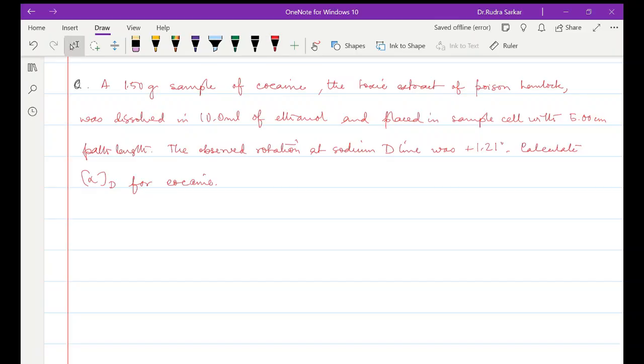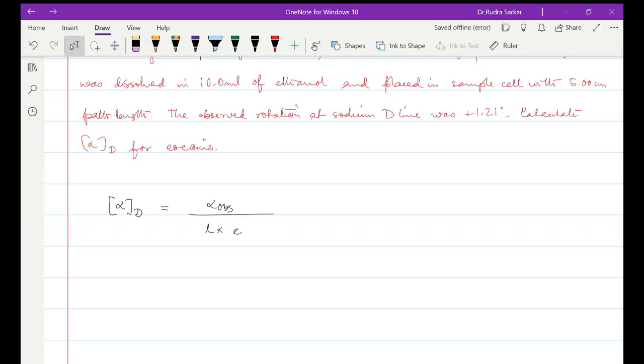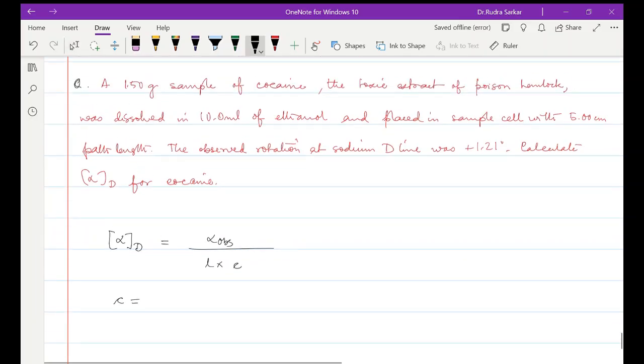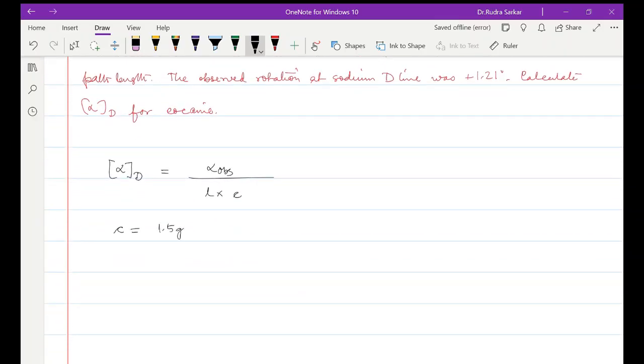So for that, what will I do? I know that specific rotation is nothing but alpha observed divided by the length of the tube and divided by the concentration. So out here concentration will be 1.5 gram divided by 10 ml, which means 0.15 gram per ml, and the length of the tube has been given as 5 centimeter, so this will mean 0.5 decimeter.